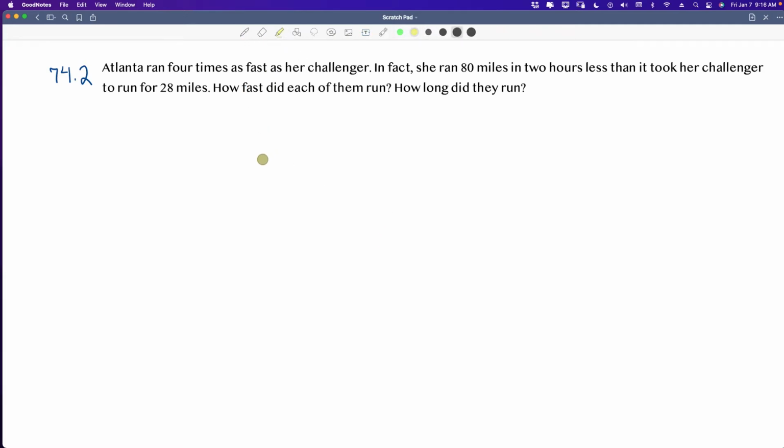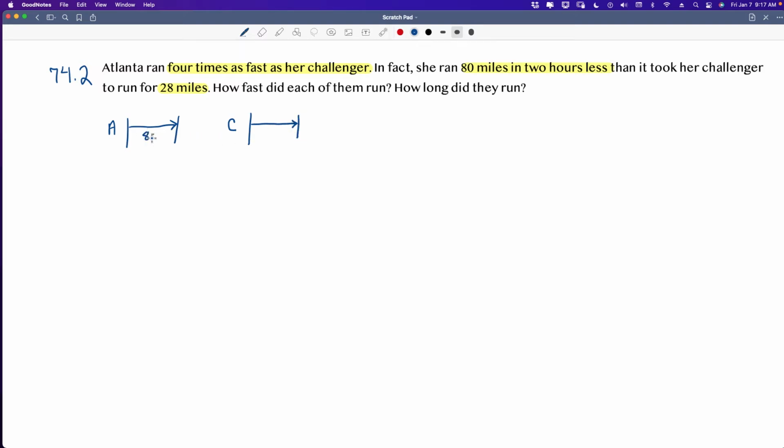All right, let me get my highlighter and let's go ahead and read through this again. Atlanta ran 4 times as fast as her challenger. In fact, she ran 80 miles in 2 hours less than it took her challenger to run 28 miles. So we have our 3 bits of information. So we know Atlanta ran 80 miles, and her challenger ran 28 miles.